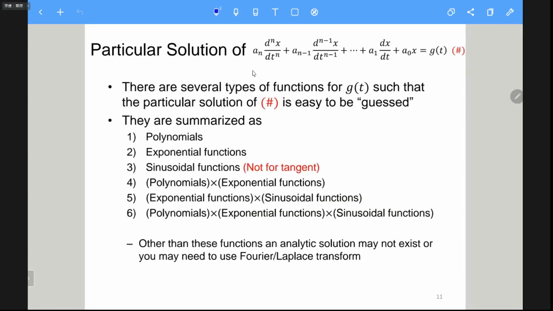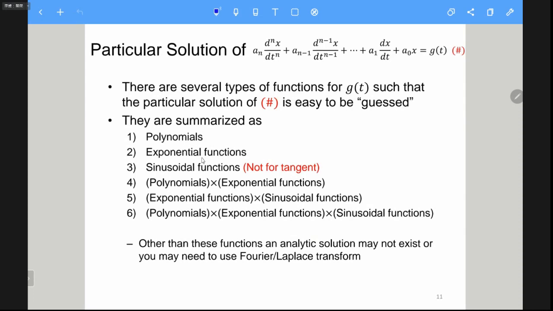Okay, so next part is to talk about how to solve some specific types of particular solution. Actually, it does not include an arbitrary function for g(t), but these 6 types are more than enough for what we will use in a bachelor course.